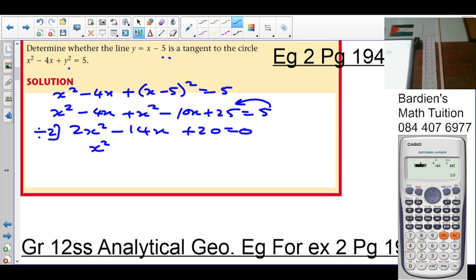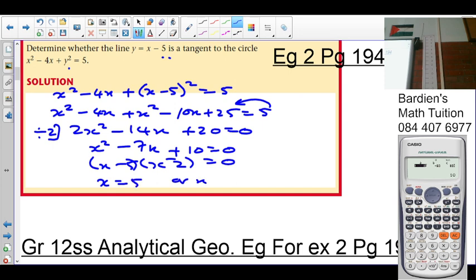I think I made a mistake somewhere. Okay, so it's going to give you x squared minus 7x plus 10 is equal to 0. So I got two solutions for x here, x equal to 5 or x equal to 2. Is that correct?